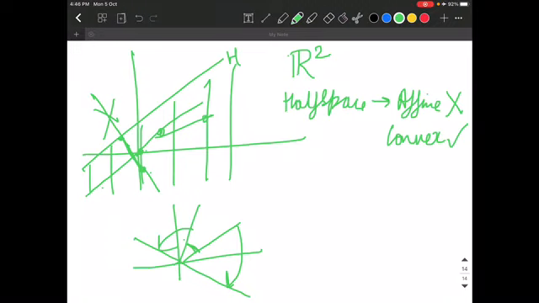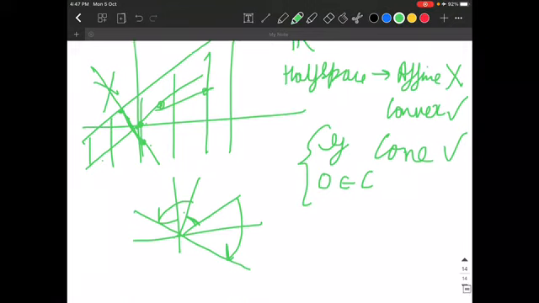So a half space is convex, and a cone, but not so if the origin does not belong to the half space, so this is conditional.